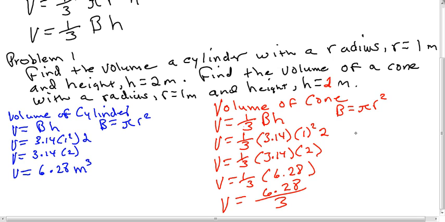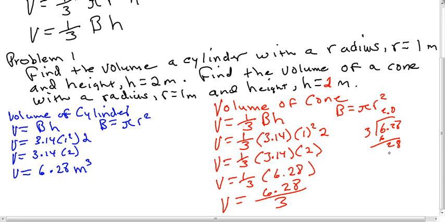So when we divide, let's do the math. 3 divided into 6.28. So here, 2 times, and that's 6. Bring down the 2, put our decimal, that's 0.